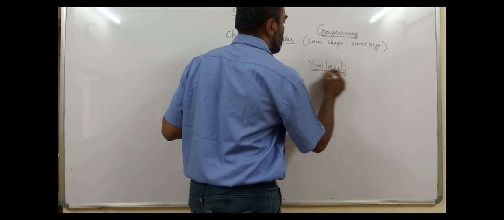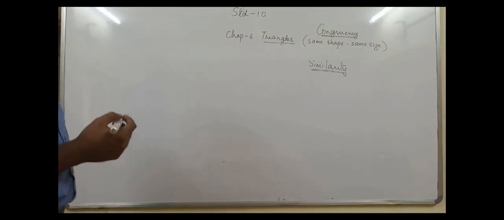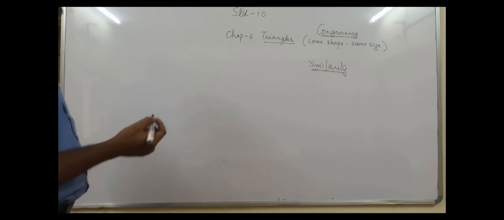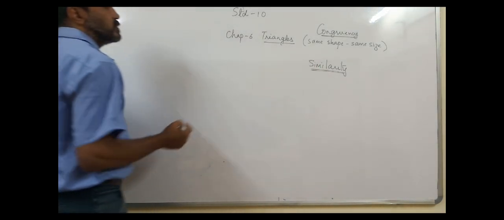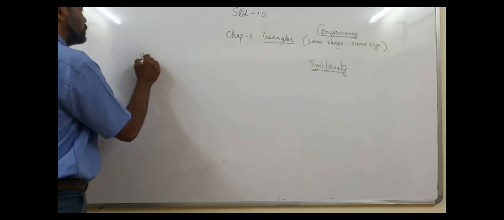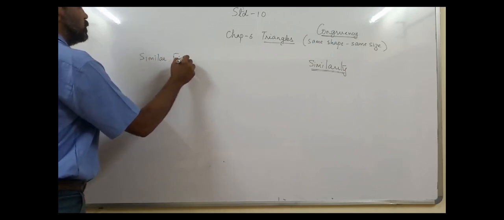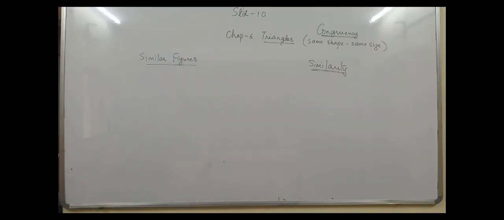So let us see what is the difference between congruency and similarity. The basic difference between the two we'll just check out. First, in your textbook they have given what are similar figures. You can just go through it for a second.